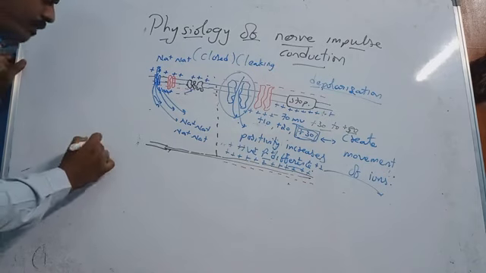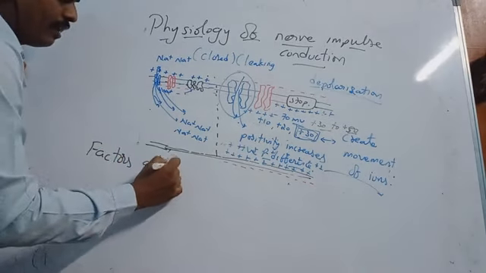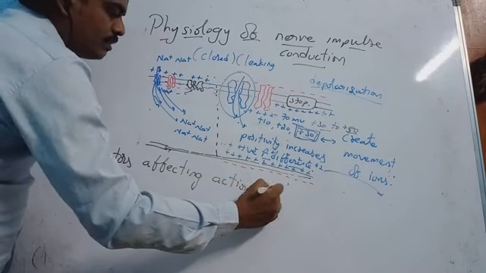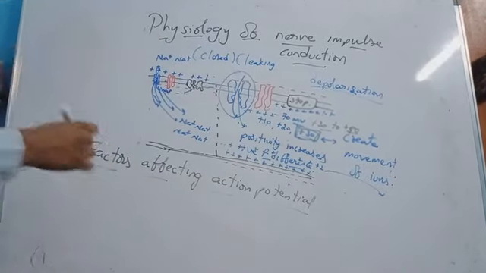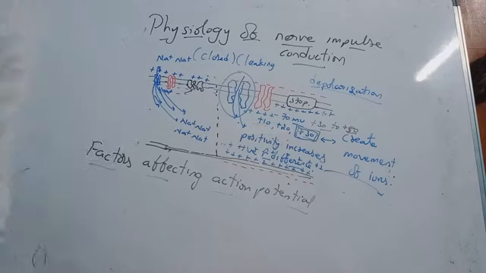So we'll start with the factors affecting action potential. Very important, because some stimulus can cause the generation of impulse and some stimulus cannot. Why does that happen?